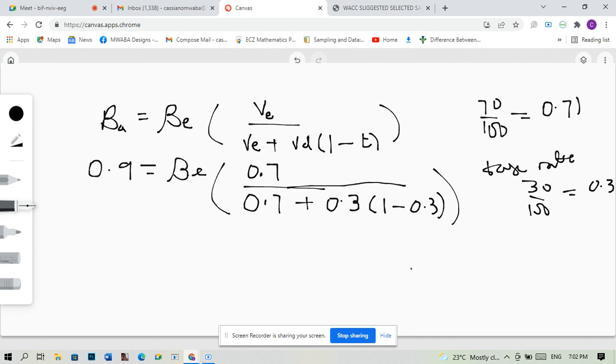I'm waiting for the answer. I got 1.21. 1.21 when you did the calculation in the brackets. I got 1.21. Okay. Our colleagues, what have we got?